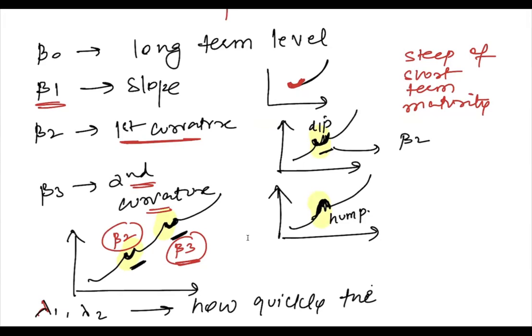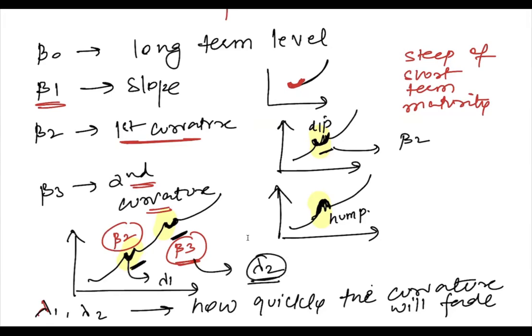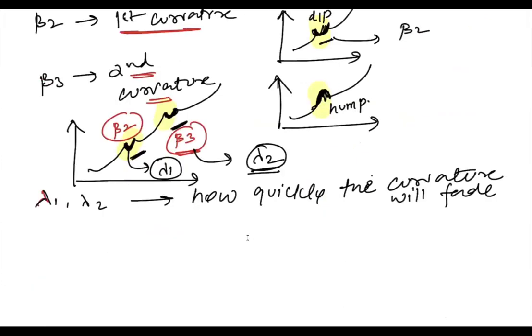For the first one, which is beta 2, we have lambda 1, and for beta 3, the second curvature, we have lambda 2.